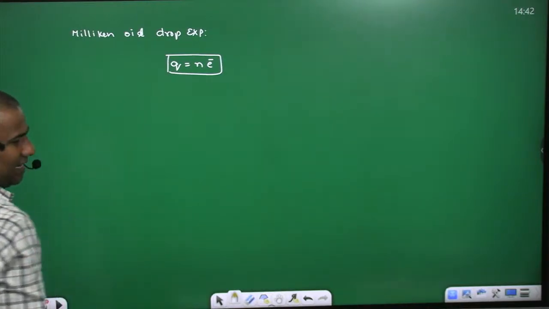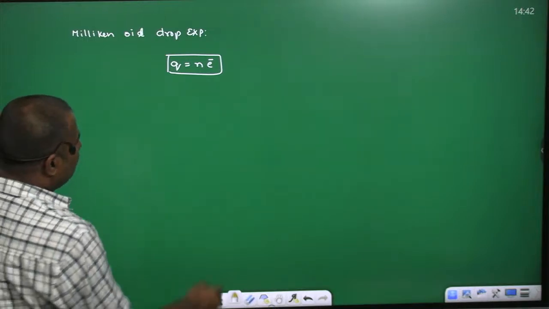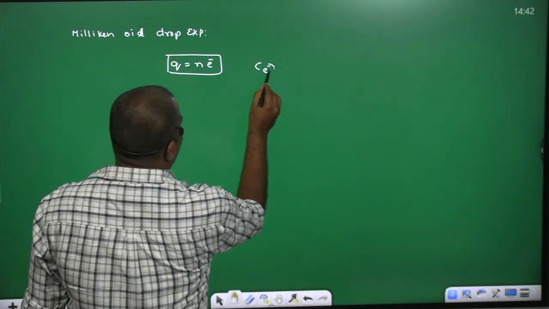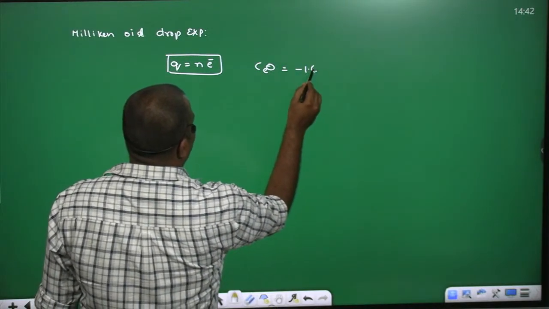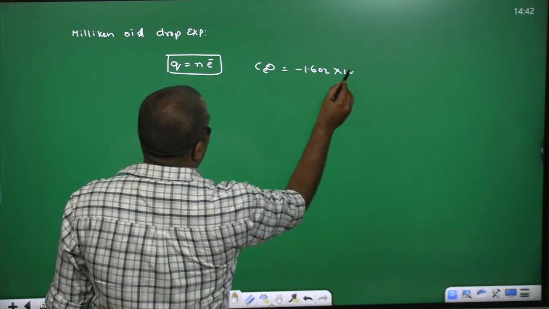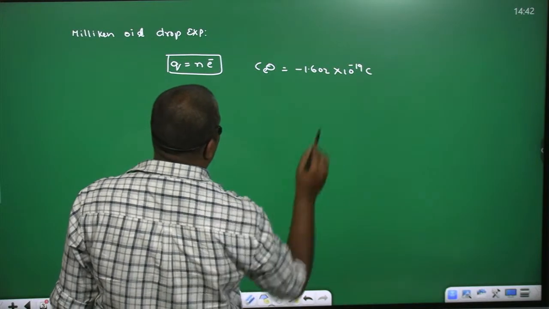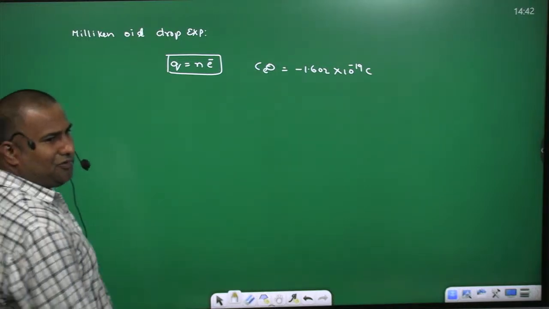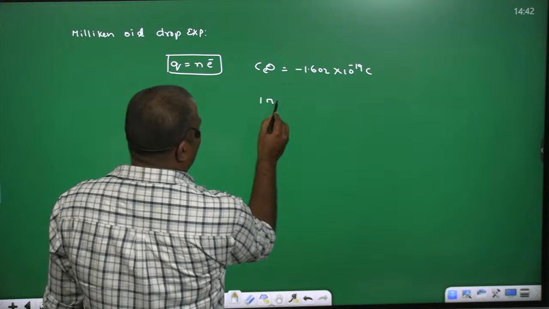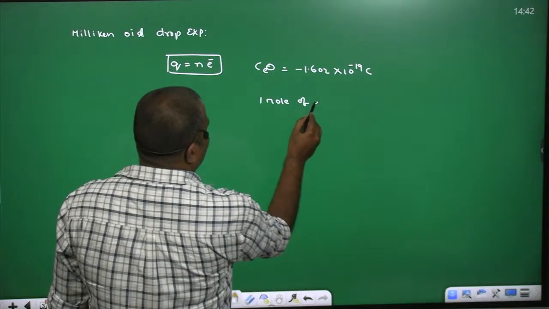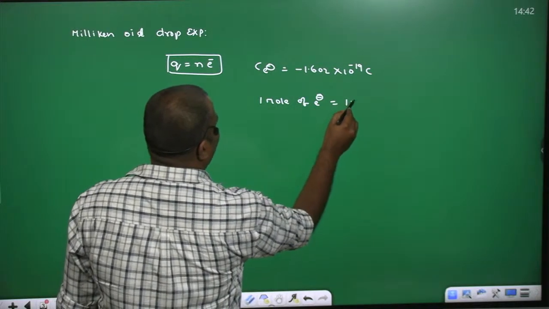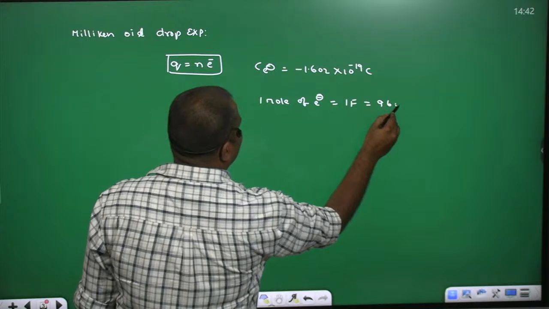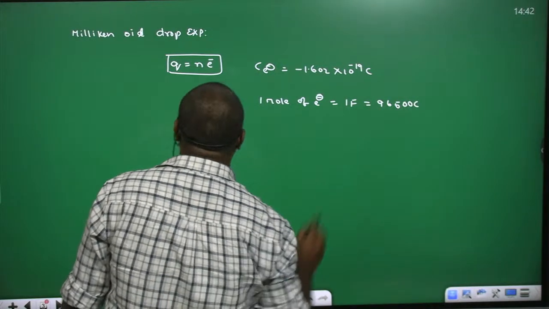The charge of electron is always minus 1.602 into 10 power minus 19 coulombs. If you need to find the charge of 1 mole of electrons, that is obviously 1 Faraday, that equal to 96,500 coulombs you can write.